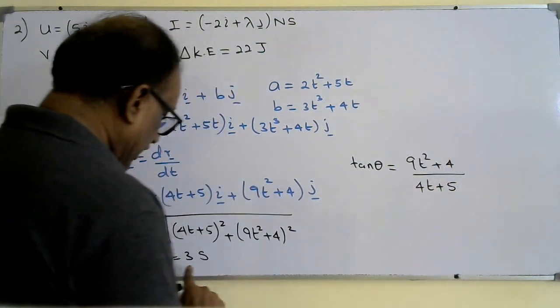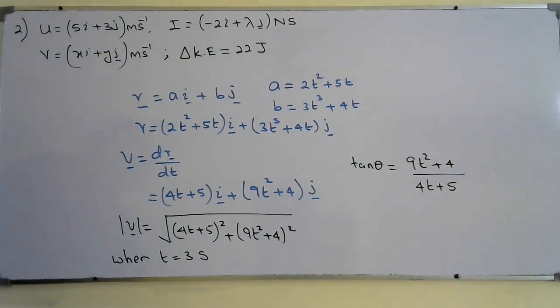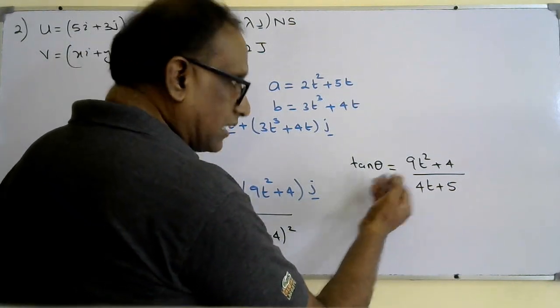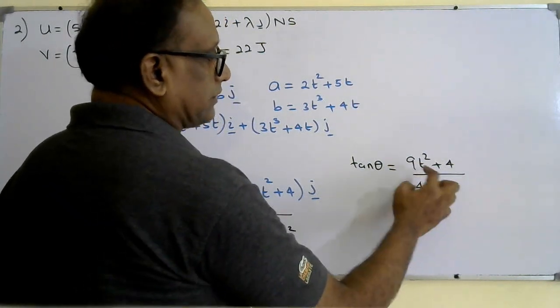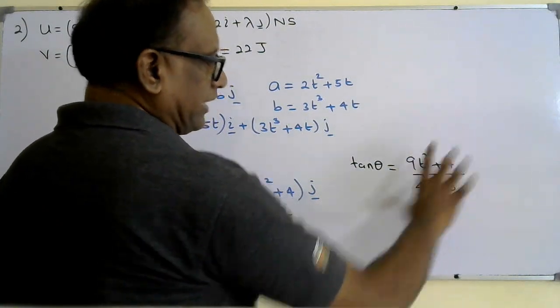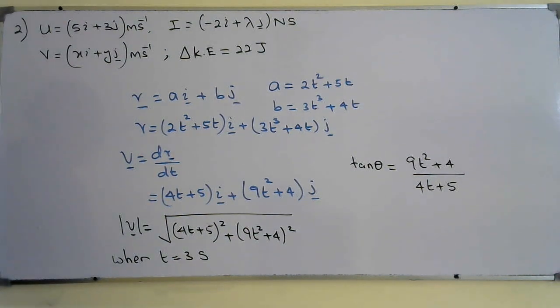Then substitute the value of 3 there, then take inverse tan, you will get the angle. So t equal 3 means 9 into 3 squared plus 4 over 4 into 3 plus 5, you will get a value. Then take the inverse tan, you will get the angle theta.